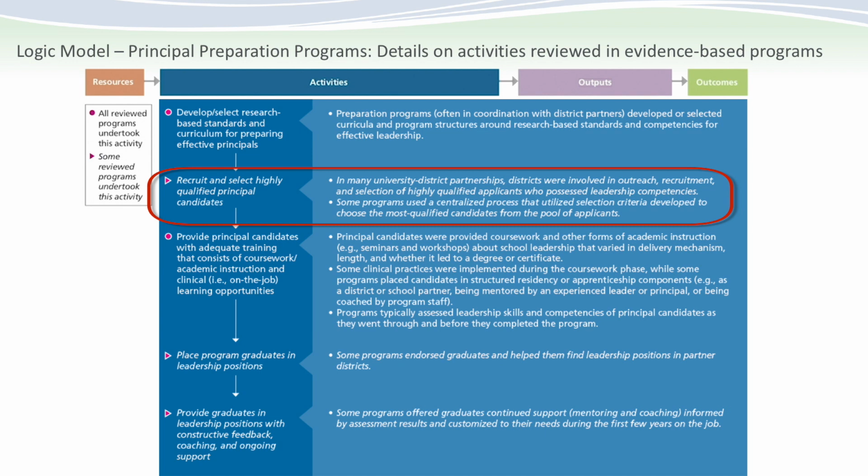The districts helped identify the highest quality candidates and ensure that they were put into that pipeline and connected with the programs. And some programs used a centralized process with selection criteria. Some programs might have a selection day or some other activity to choose the most highly qualified candidates from the pool. So those are some of the details that are part of the activities. There are those kinds of details for all of the activities.